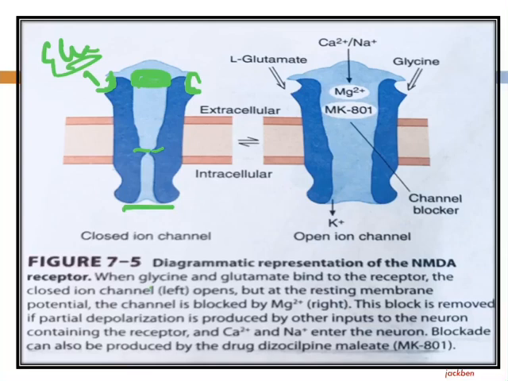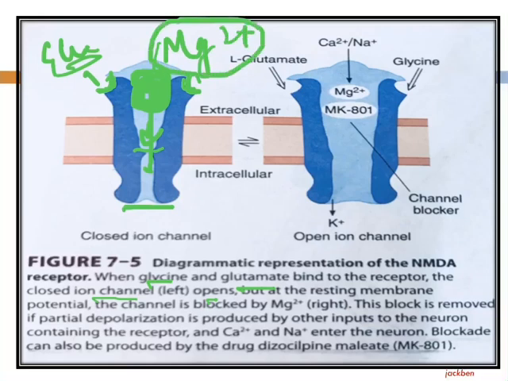So, when glycine and glutamate bind to the receptor, the closed ion channel opens up, but at the resting membrane potential, even when glutamate and glycine attach, there won't be any flow of ions through this channel because it is blocked in this way by the magnesium ion, and this magnesium ion will get removed only after an increase in the membrane potential.